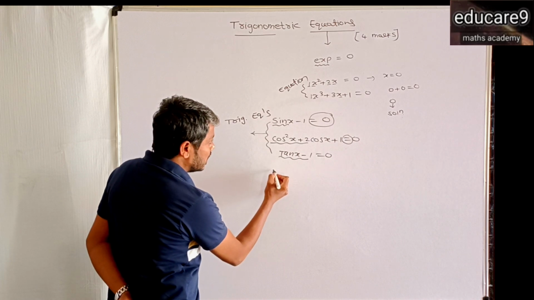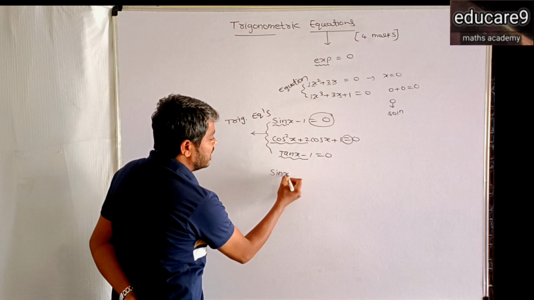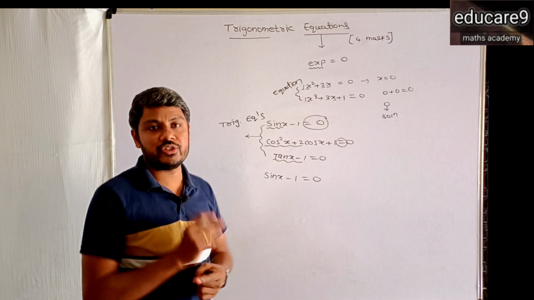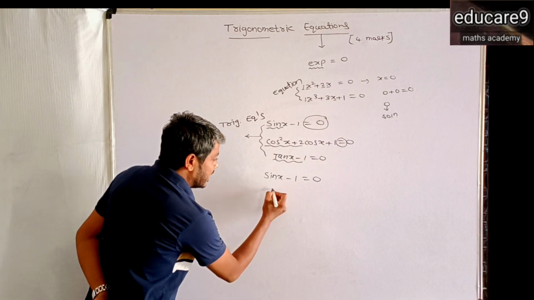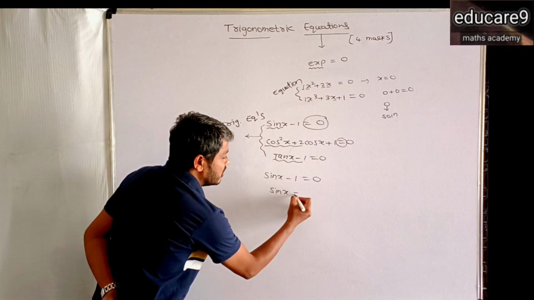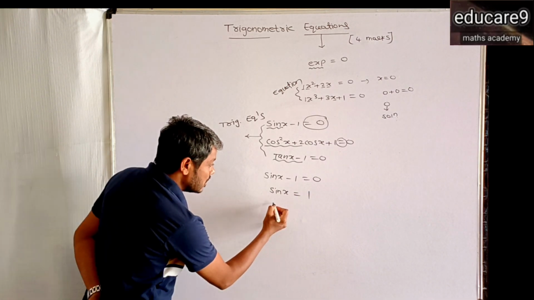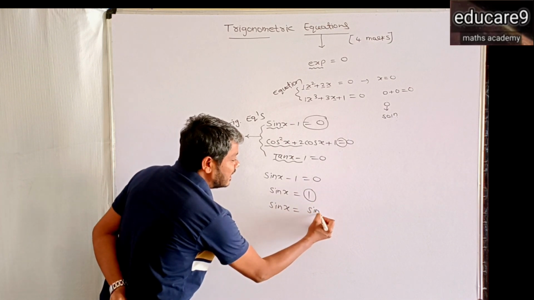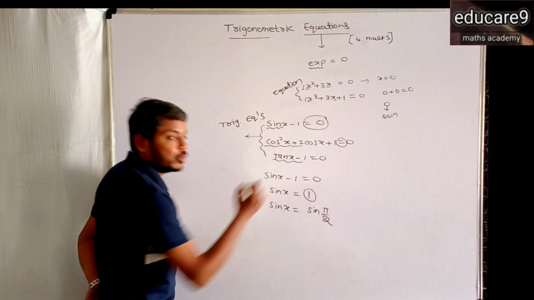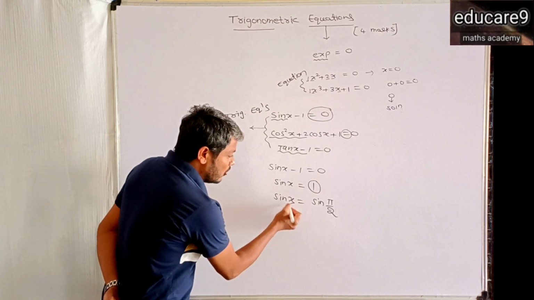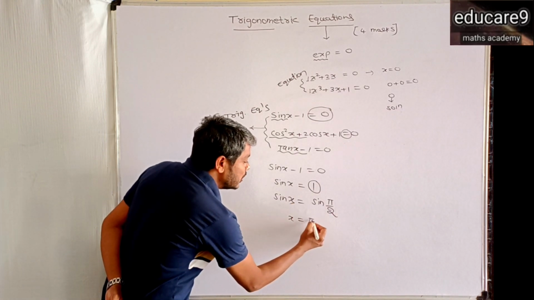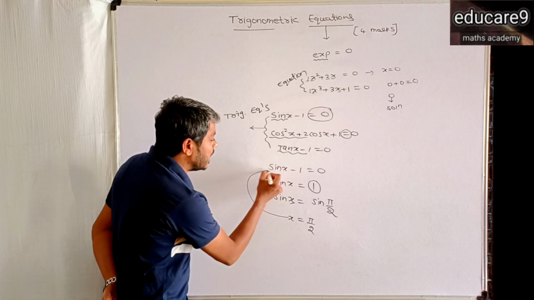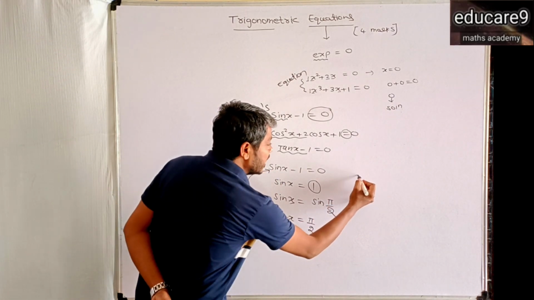But in the trigonometric equation sin x minus 1 equals 0, you can find the solution. Here we can write sin x equals 1. And we can write this 1 as sin 90, that is sin pi by 2. Now clearly the value of x is pi by 2. If you substitute x equal to pi by 2 in the given equation, what will you get?